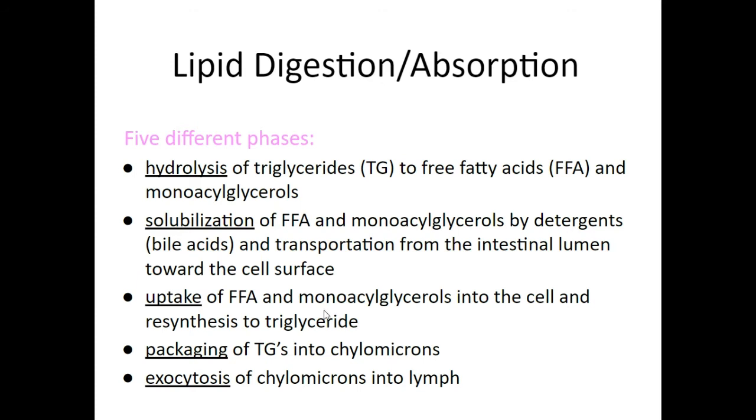But before that, they are repackaged, resynthesized or reformed into triglyceride. And then after that, the triglycerides are packaged into chylomicrons. So chylomicrons are the first lipoprotein made in the digestion and absorption of fats.